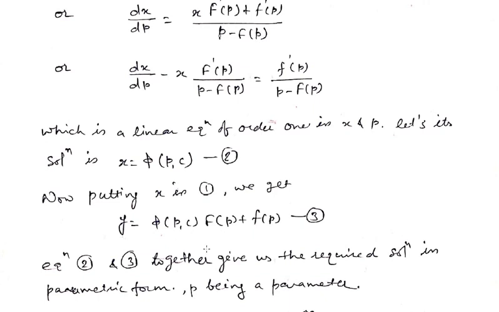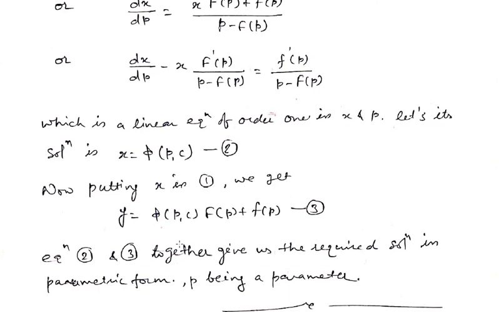This is again a relation between y, p and c, or y equals some function of p and c. So equation number 2 and equation number 3 together give us a solution in parametric form, where p is the parameter. So if a given equation is in Lagrange form, we can obtain the solution of the given differential equation in parametric form.